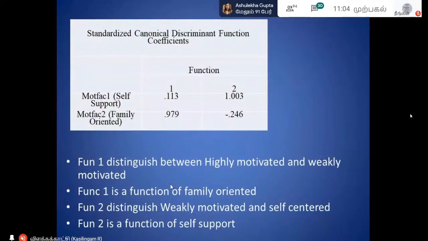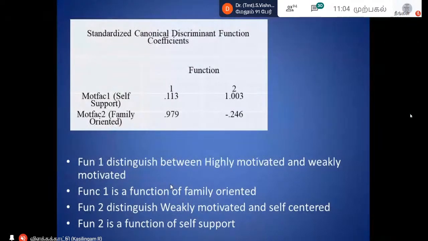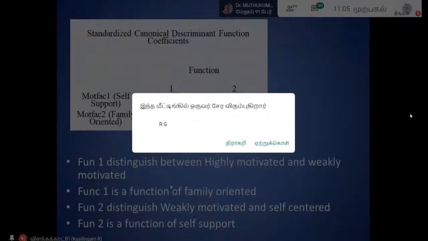Now we know already what function 1 and function 2 are, and we know the equation. But from the unstandardized coefficients, we cannot tell which variable is more influential. So we have to look at the standardized ones.